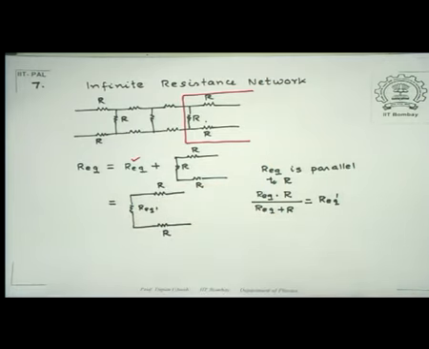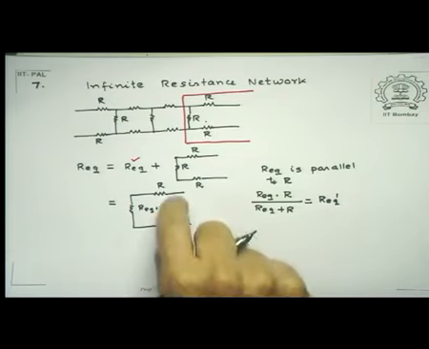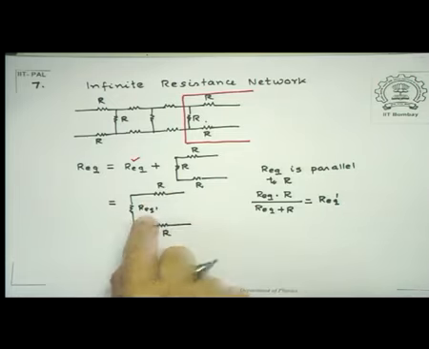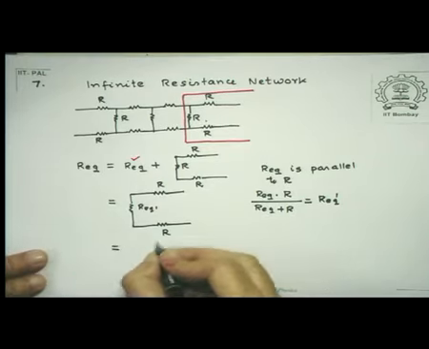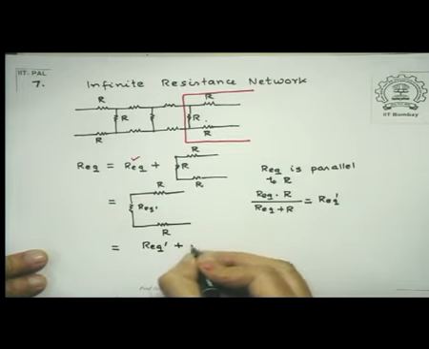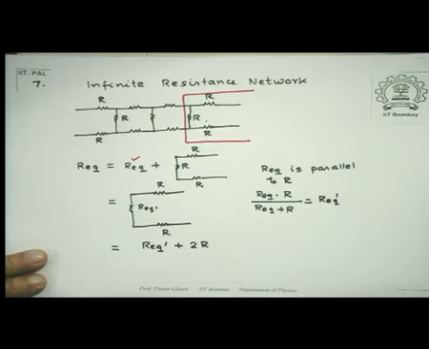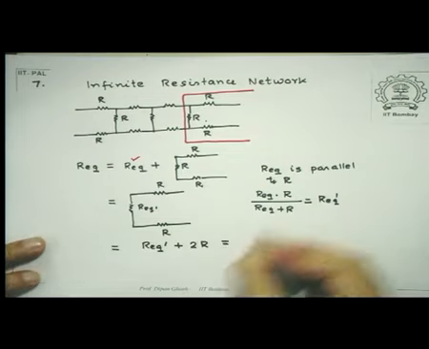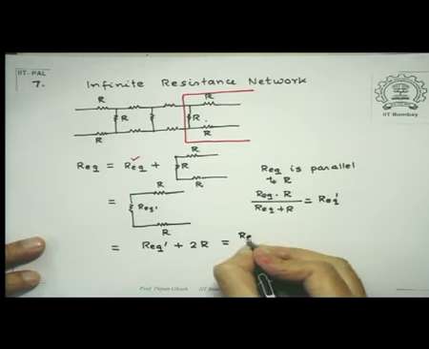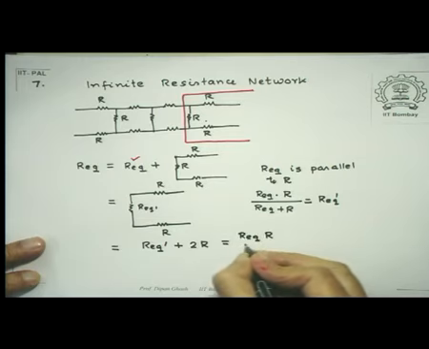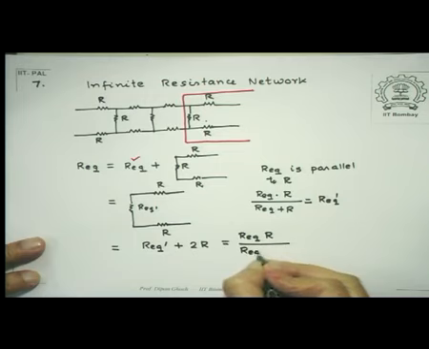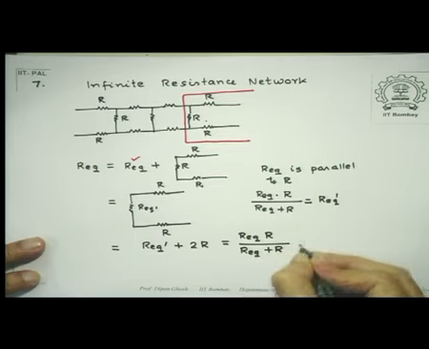But this circuit is a simple circuit, which is R and Req prime are in series. So therefore, this is equal to Req prime plus 2R. And Req prime I have already obtained a relationship which is Req R divided by Req plus R, plus 2R.